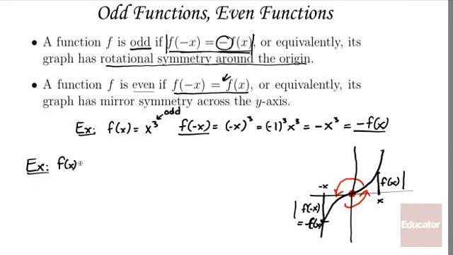Well, f of negative x is equal to, you plug in negative x into the function, so negative x quantity squared, but that's just the same as x squared, which is the same as the original f of x. So f of negative x is equal to f of x. That checks the definition, so it's even.